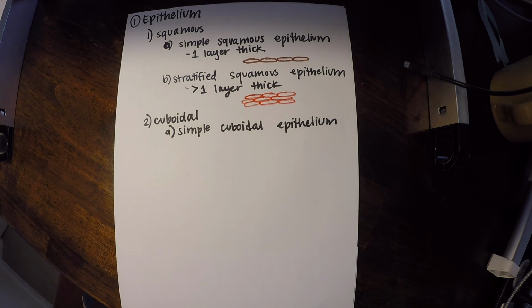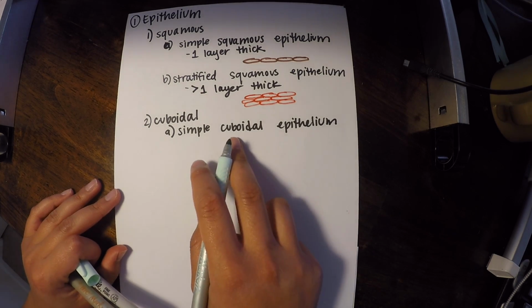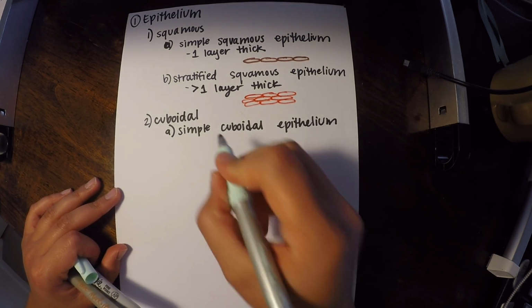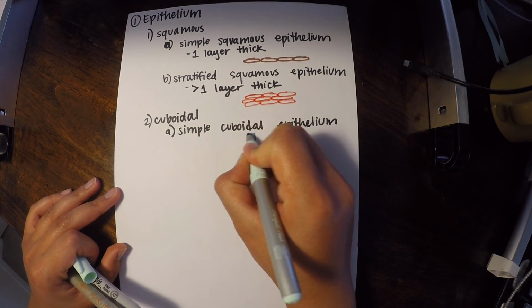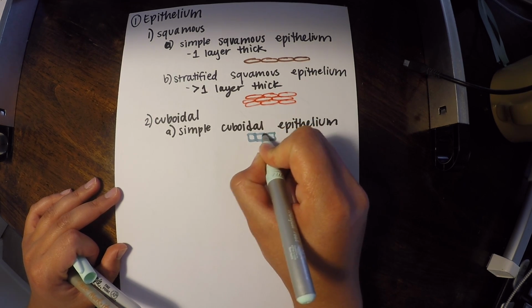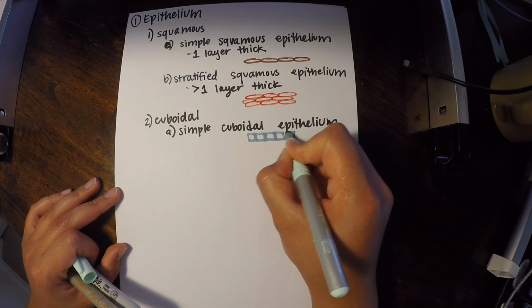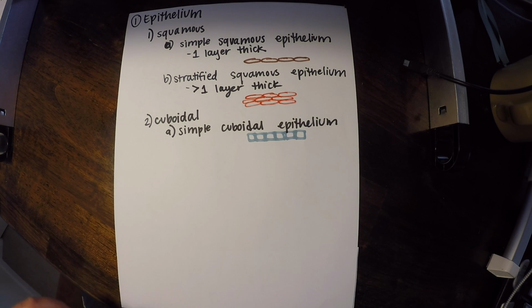Just like we learned before, remember simple means one layer thick. Cuboidal just means it's in the shape of a cube. So it's just going to look like this, a bunch of cubes lined up in one layer.